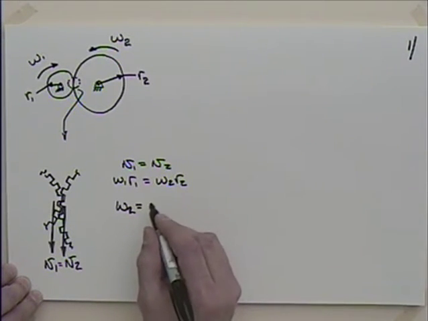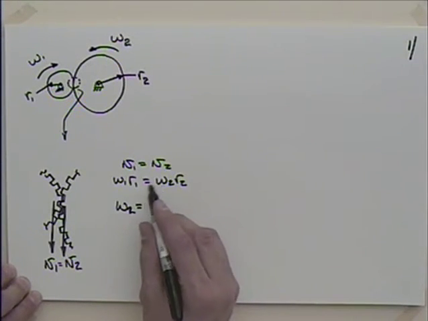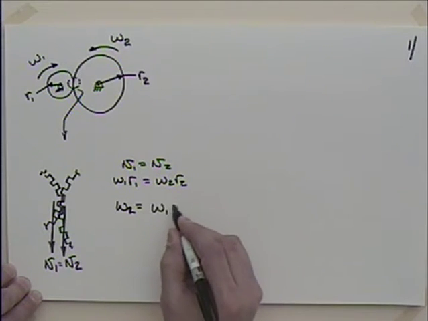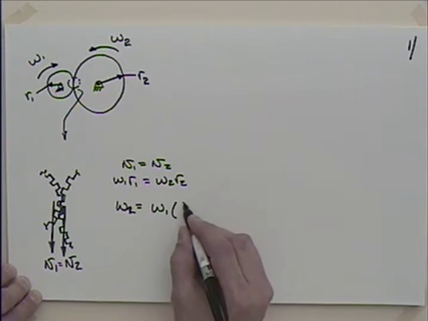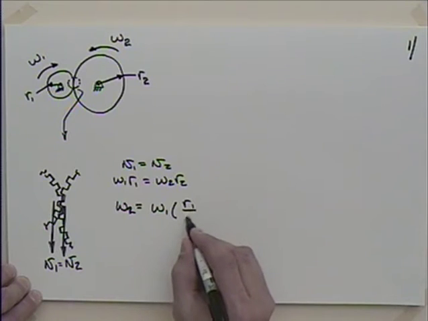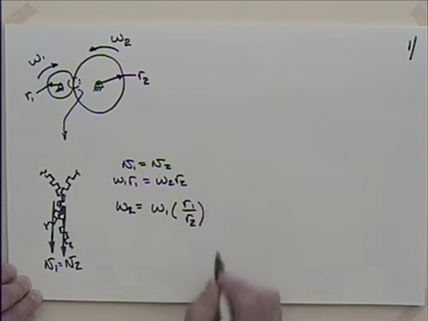Solving for omega 2, I could say that that's equal to omega 1 times the ratio of R1 divided by R2, where R1 is going to be smaller than R2, so omega 2 is going to be going slower, isn't it?